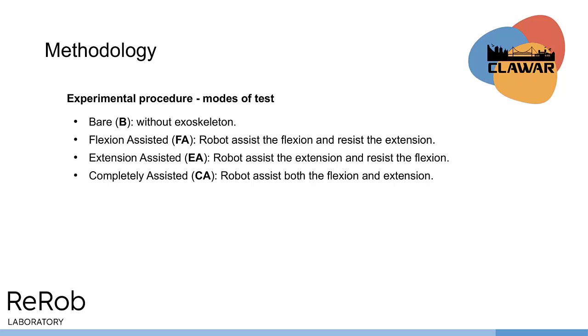In the first one, named BEAR, the individual performed movements following a path presented on the screen, without using the robot. In the 3 subsequent experiments, the individual utilized the robot, which provided assistance during knee flexion, knee extension, and full knee range of motion movements, respectively.